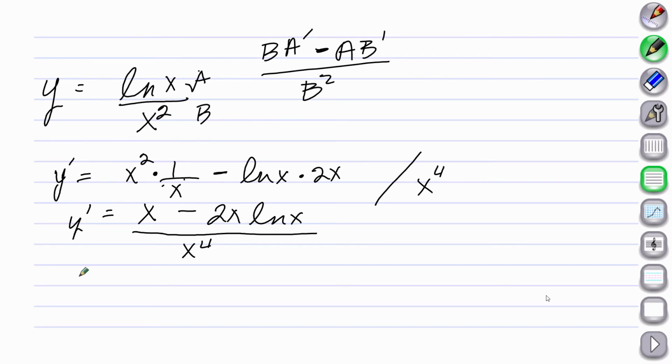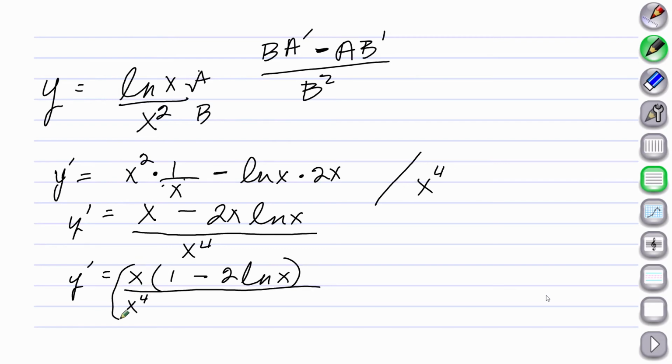And we can factor out an x: 1 minus 2 ln x over x to the 4th. And we can reduce that down. So that becomes 1 minus 2 ln x. You can keep it in the parentheses or not. The whole thing's over x to the 3rd.